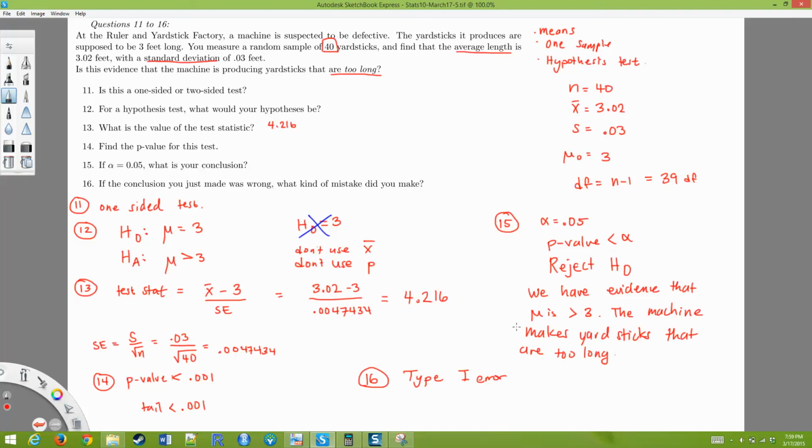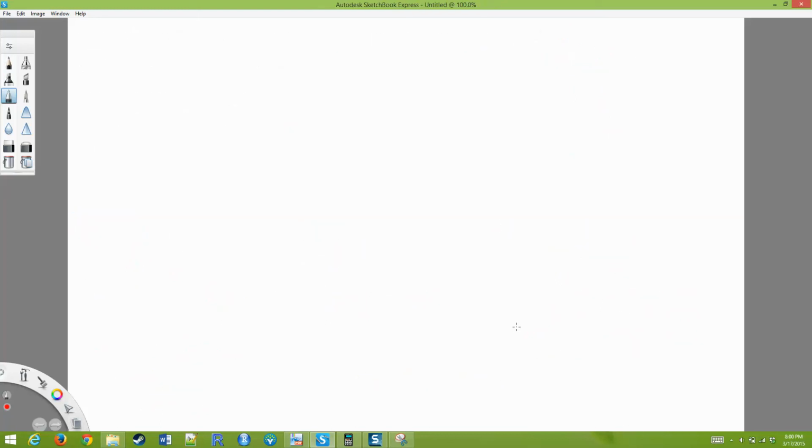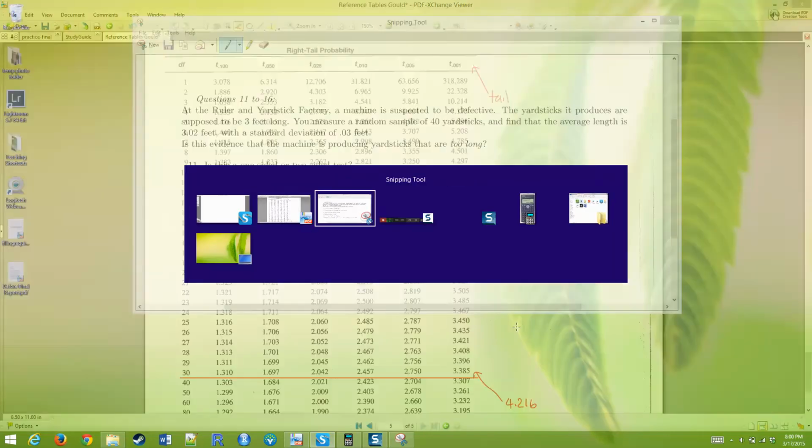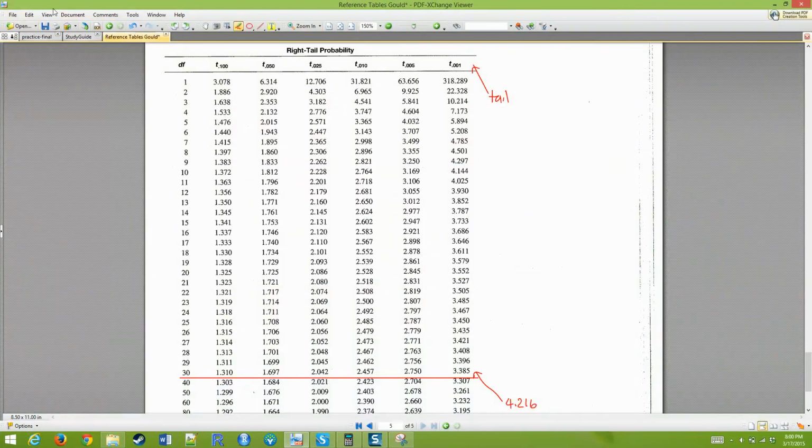But type 2 is not rejecting someone, but maybe you should have. So those are people who are stuck in relationships that, well, maybe, whatever. Okay, anyway. So just think of that, if it helps you remember what's a type 1 and type 2 error.